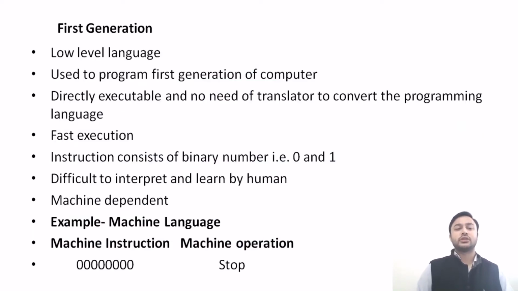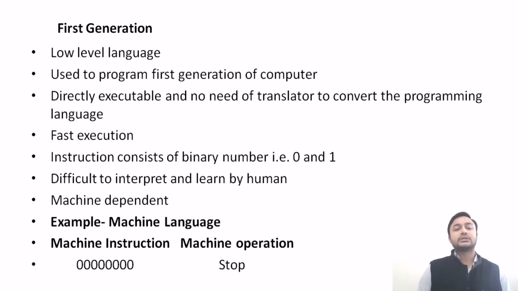The first generation is machine language, and this generation language is known as low level language. This is the machine language which was used to program the first generation of computers. In the previous topic, we have already discussed the generations of the computer, in which we use machine language for programming the computer.